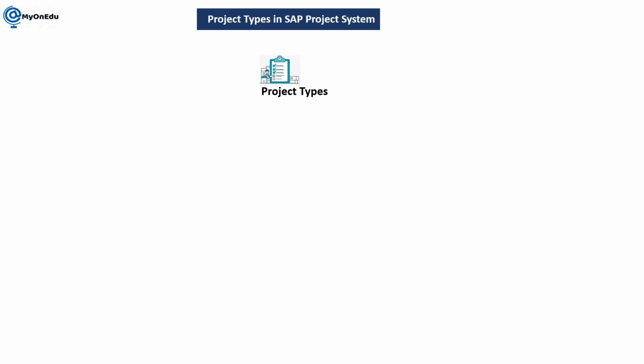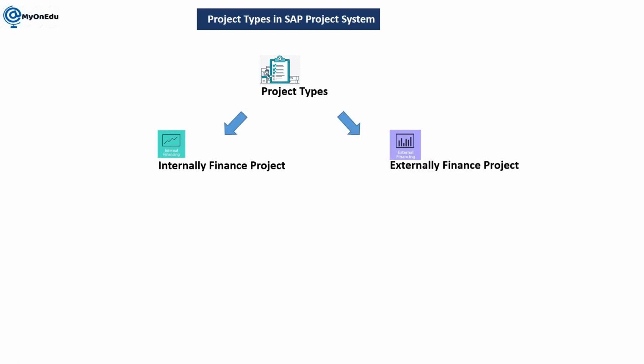So the project types, as I explained, are of two kinds initially: internally financed project and externally financed project. Internally financed project is the project which we are doing for ourselves. The organization is doing this project for itself; it is not financed by any external party. An externally financed project has to be financed by an external party, an external organization, so the customer will be in the picture.